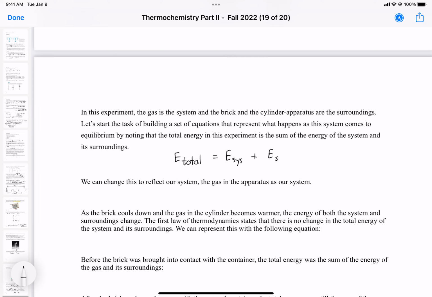Okay, so sys and surr will be system and surroundings, respectively. And now we can change this to reflect our system. So we can say the gas in the apparatus is our system. So we can write E total equals E gas, energy of the gas, plus energy of our surroundings. Okay?